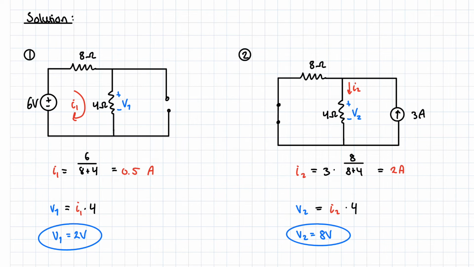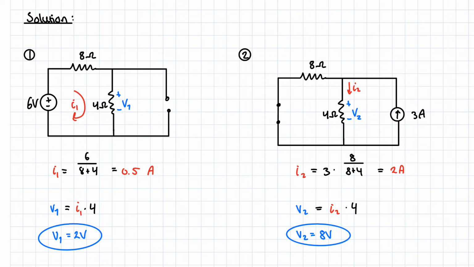Alright, so then we go to the second part where we do the same thing, but now we turn off the source to the left, which was a voltage source, and therefore it becomes a closed circuit like we have talked about before. It's the same going on here. We just calculate I2 for V2.